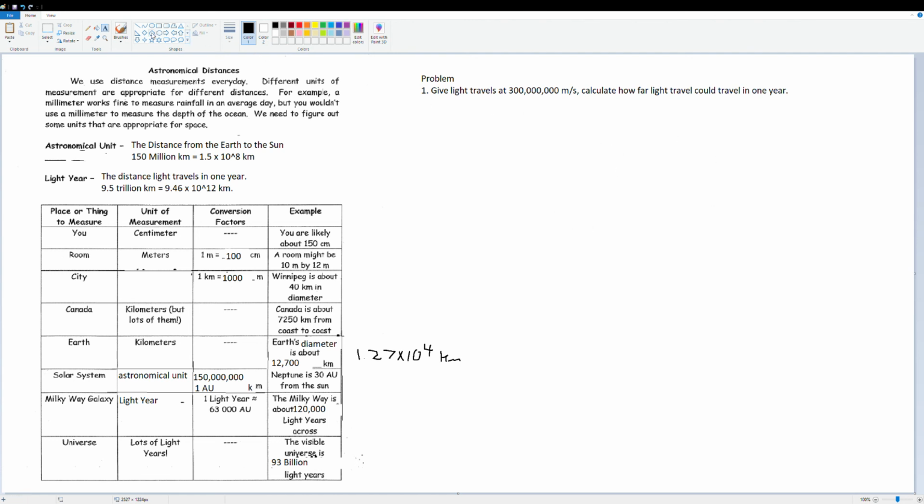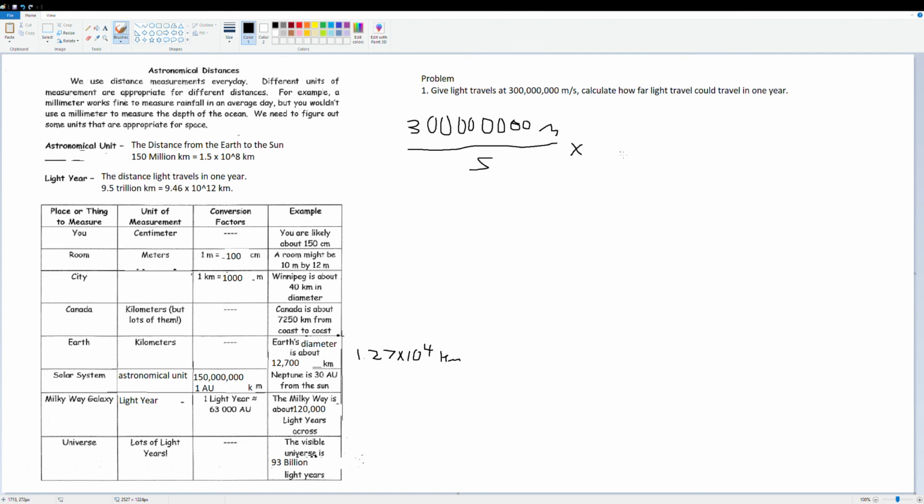First we're just going to start off with the first number here, 300 million meters, which is of course divided by seconds. To get how far it travels in a year, we need to convert these seconds to a year.